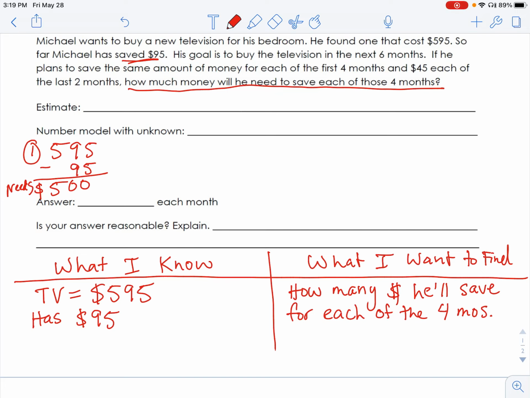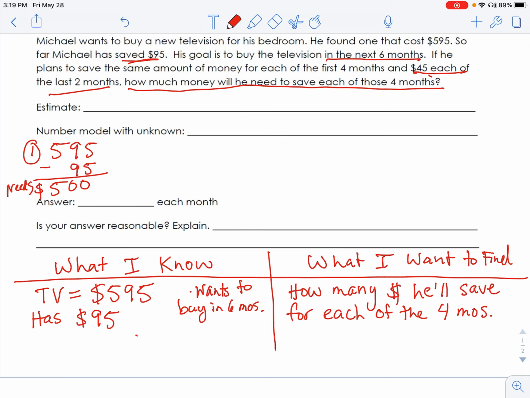He wants to buy the television in the next 6 months. Wants to buy in 6 months. And he plans to save the same amount of money for each of the first 4 months and $45 each in the last 2 months. So let me write that down.